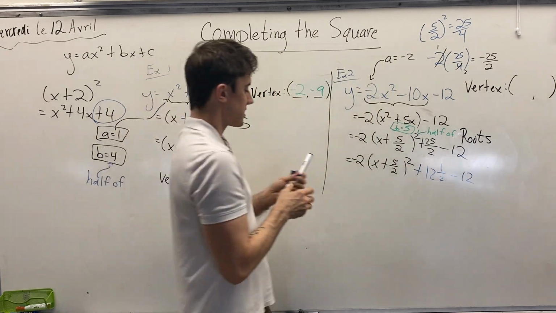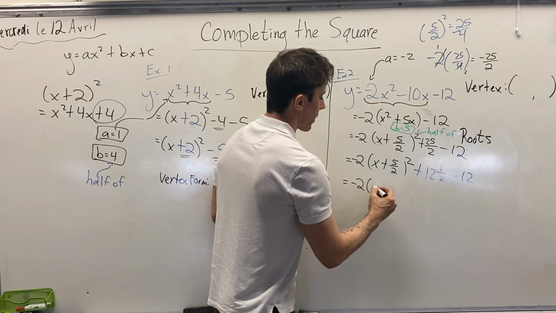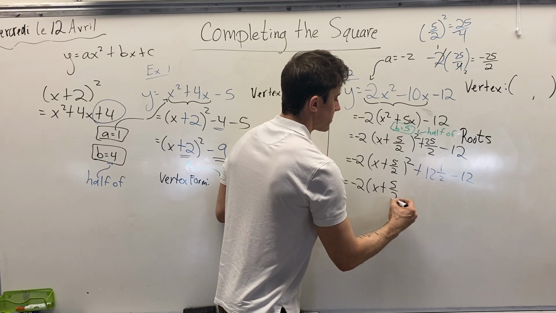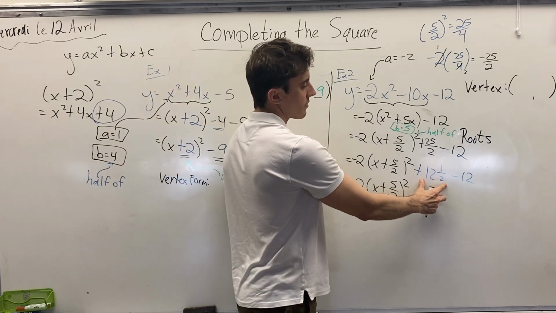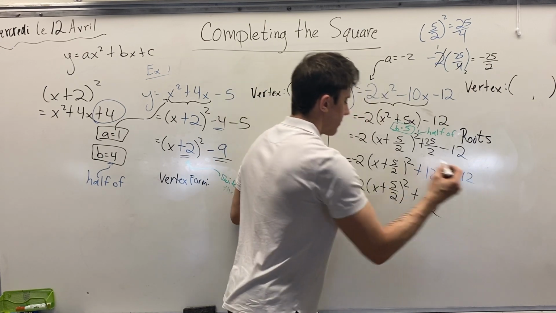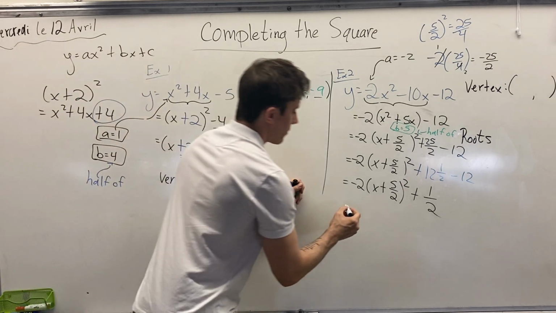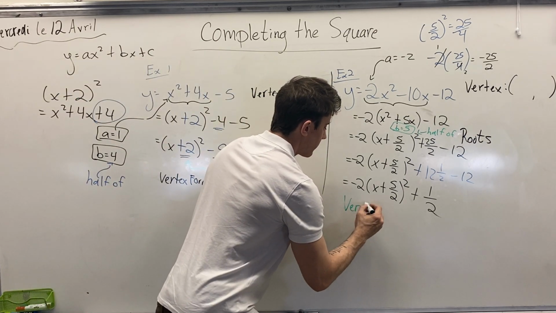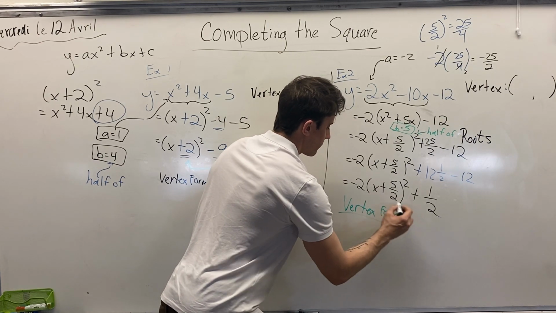And finally, to simplify it down to its vertex form, we'll have negative 2 bracket x plus 5 halves all squared, and then 12 and a half minus 12 clearly is 1 half. Okay, and so again, this is our vertex form. This is in vertex form.